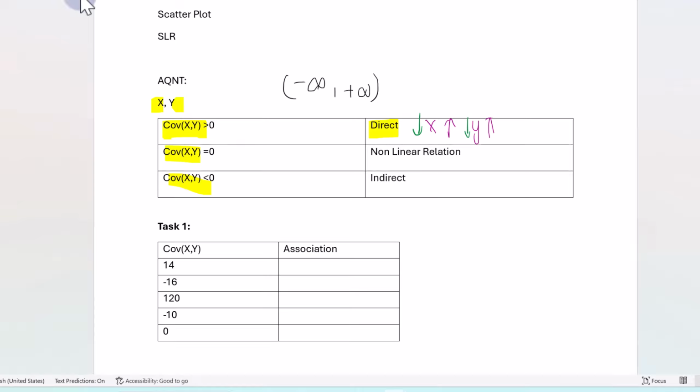If covariance is zero, which in practice does not happen that much, then there is no linear relationship between x and y. And if covariance is negative, there is an indirect relationship between x and y. That means if x increases, y decreases, and the other way around is true too. If x decreases, y increases.